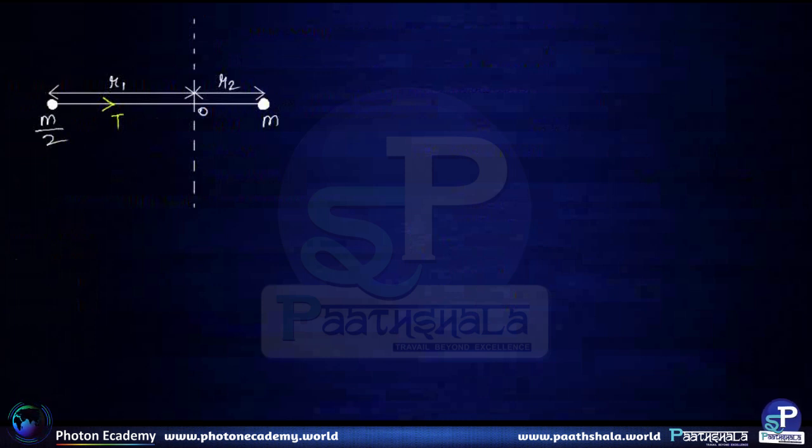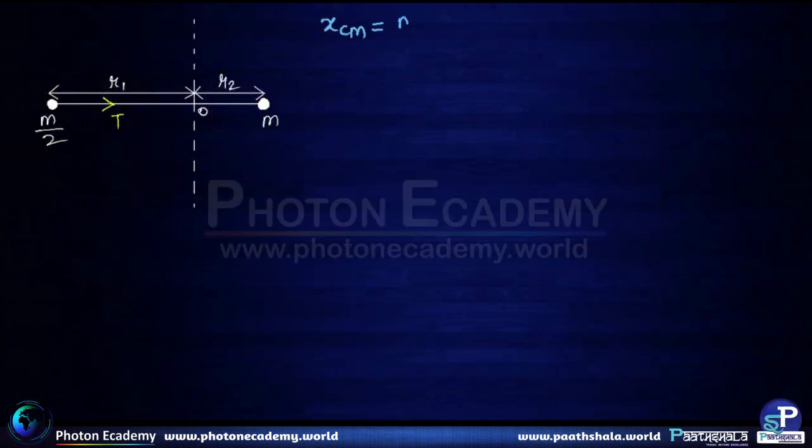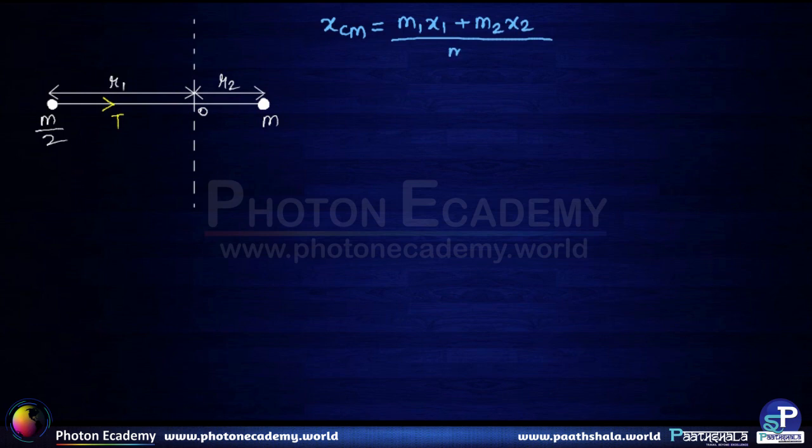Let us assume that the center of mass is at distance r1 from mass m by 2 and at a distance r2 from mass m. The position of center of mass xcm will be given by m1 x1 plus m2 x2 divided by m1 plus m2.